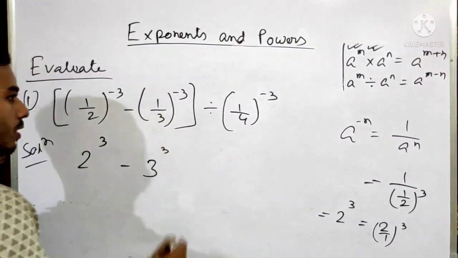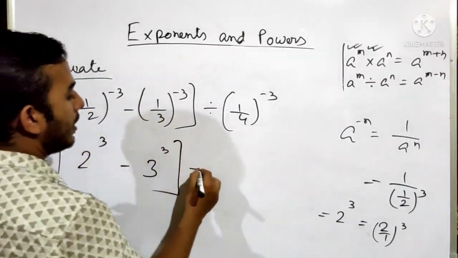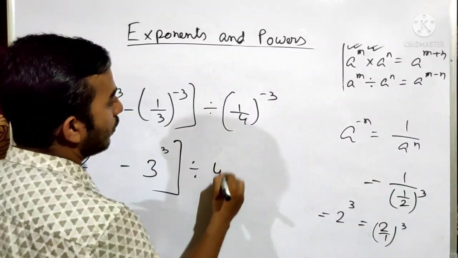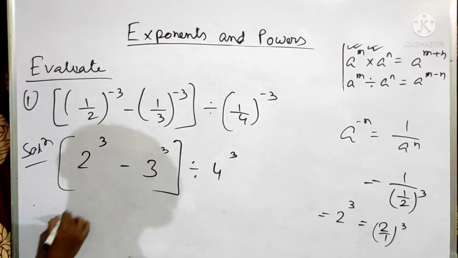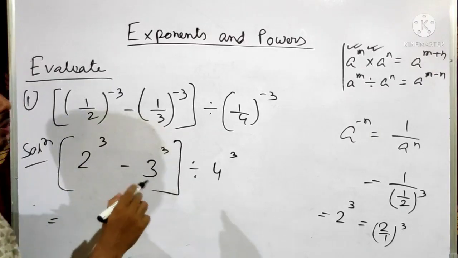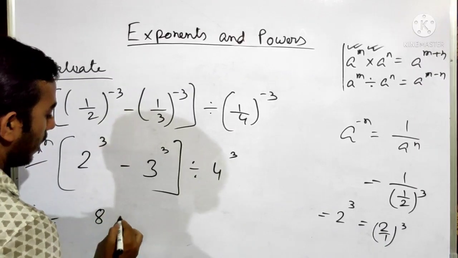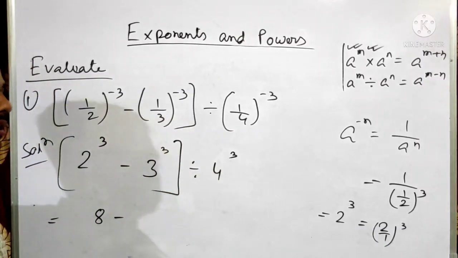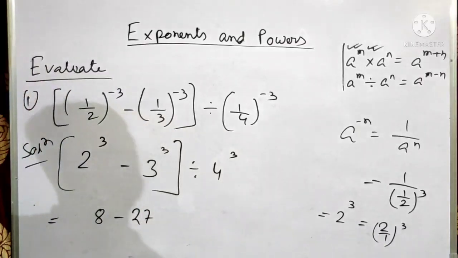Now give the third bracket, next divided by 4 power 3. Clear? 4 power 3. So now look, 2 power 3 is how much? 2 power 3 means 2 into 2 into 2, 2 into 2 is 4, 4 into 2 is 8. 8 minus 3 power 3, which is 27. Clear? 27.